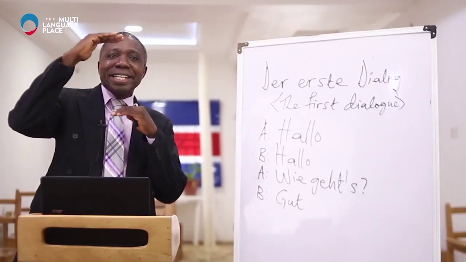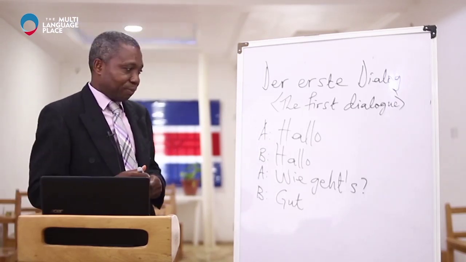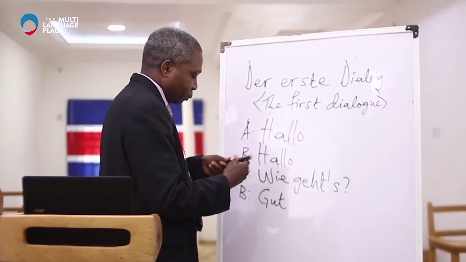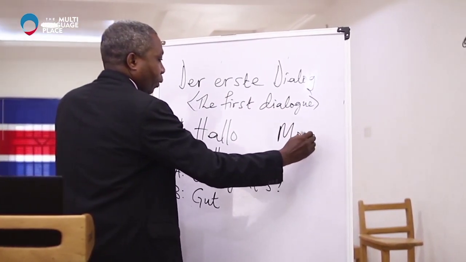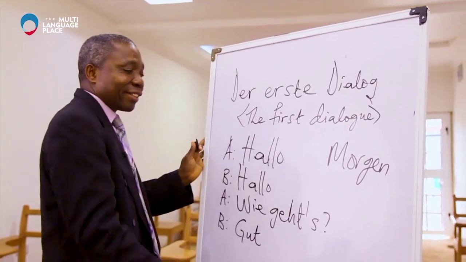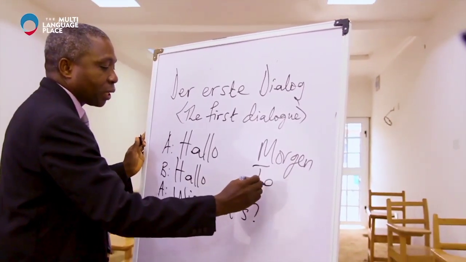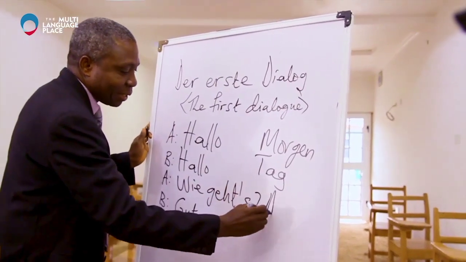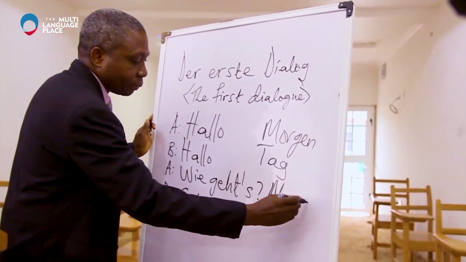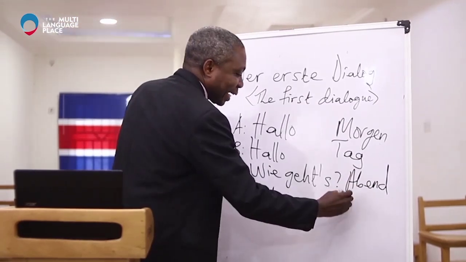Of course, the day is divided into four. The first one is Morgen. And then the second one is Tag. And then the third one is Abend. And then we have the last one, Nacht.